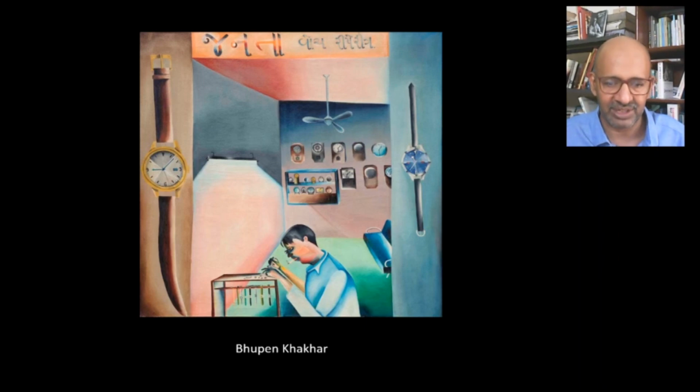Also because of the subject matter, for example, the man who is repairing the watches. This is a shop which sells clocks and wristwatches, and here is a man who is totally focusing on his job, that is watch repair.